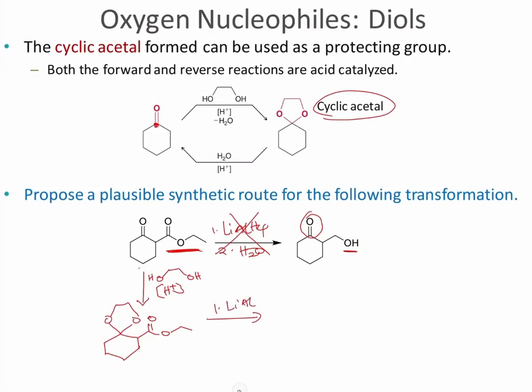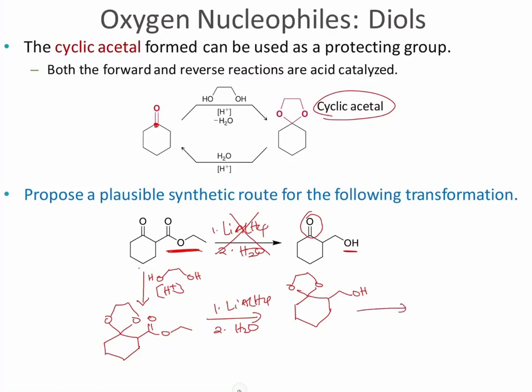Lithium aluminum hydride, and then we use water, and that ends up giving us the product that we expected, but still with the carbonyl being attached to the cyclic stuff.